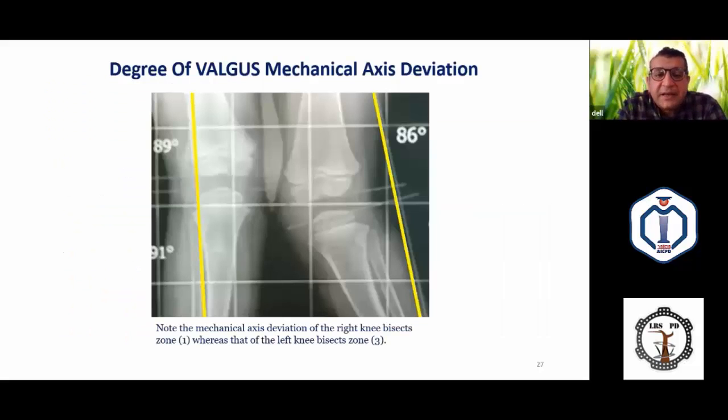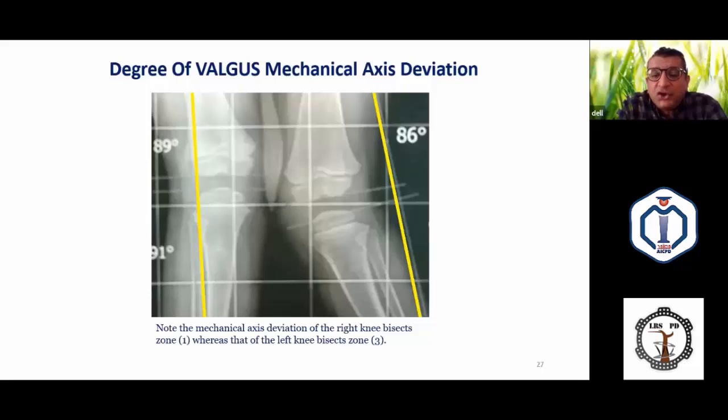Here is an example. If you can see here, I will give more details later. The central 1/3, both of them are away from the central 1/3. But the knee on the right-hand side, the mechanical axis is passing outside the central 1/3, but still in the condyles of the tibia.